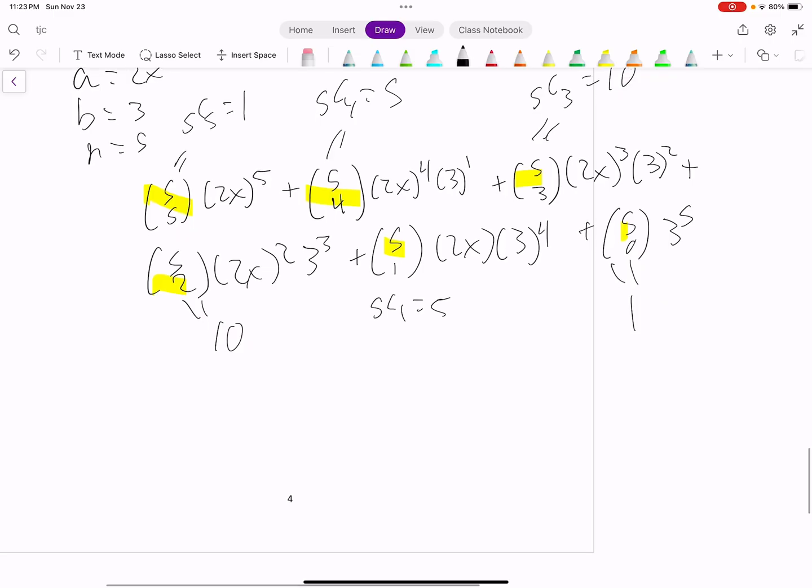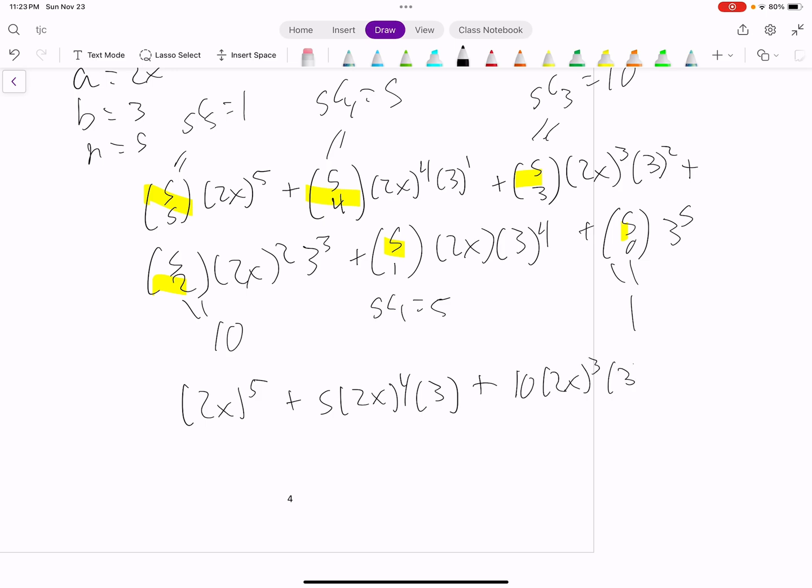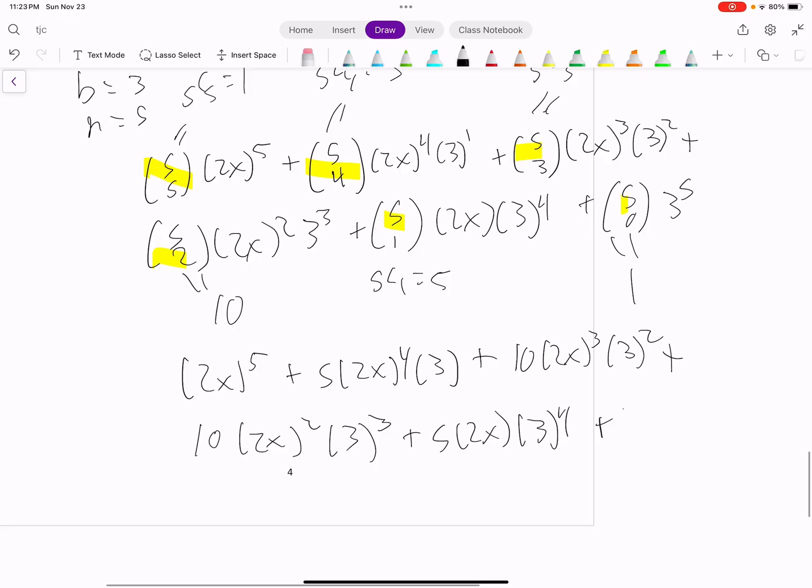I'll put them in. So then we have (2x) to the 5th plus 5 times (2x) to the 4th times 3 plus 10 times (2x) cubed times 3 to the 2nd plus 10 times (2x) squared times 3 cubed plus 5 times 2x times 3 to the 4th, and then plus 3 to the 5th.